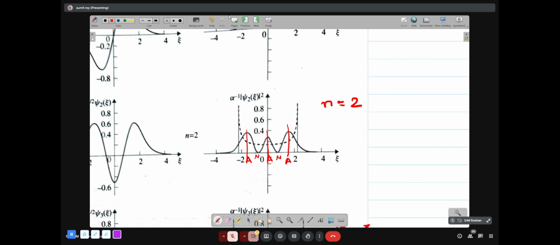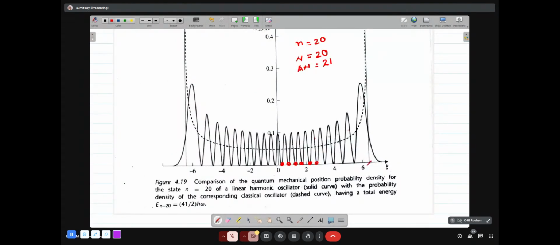So you check the number of nodes: 1, 2, 3, 4, 5, 6, 7, 8, 9, 10, obviously within the classical limit. This side 10, other side 10. So the number of nodes is 20 and antinodes is 21.